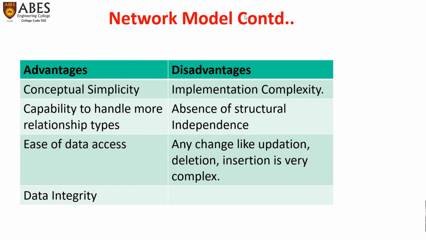It is very hard to modify the structure of your database because there is a sequence of access to your data, meaning every child is associated with its parent. Even though the network model supports data independence, it lacks structural independence. The next point is that any changes like updating, deletion, and insertion are very complex in the network model.